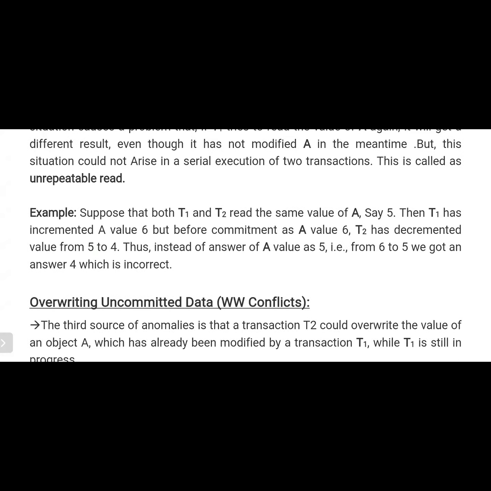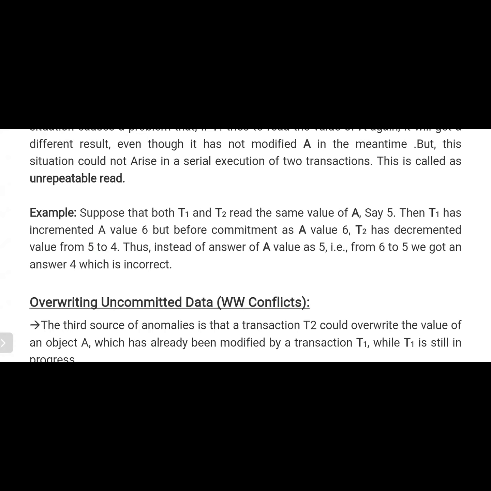Let's look at the example. Suppose two transactions, T1 and T2, read the same value of A, and the value of A is initially 5. T1 has incremented A to 6, but before the commitment of the value 6, T2 decremented the value from 5 to 4. Instead of the answer 5, that is from 6 and 5, we got the answer 4, which is incorrect.